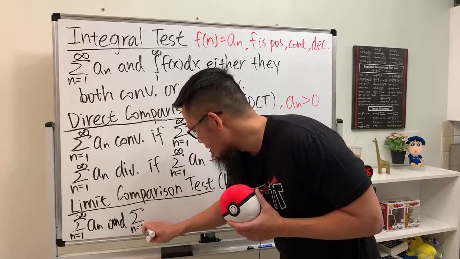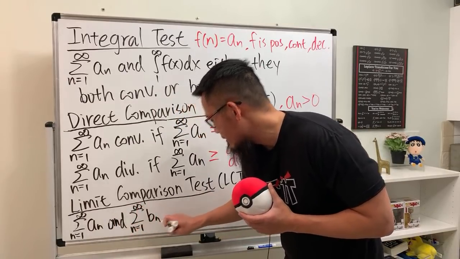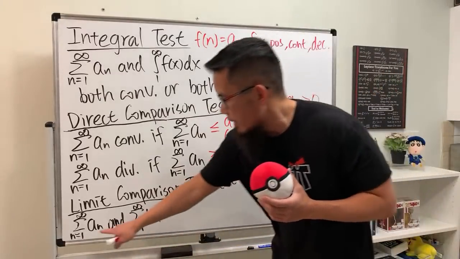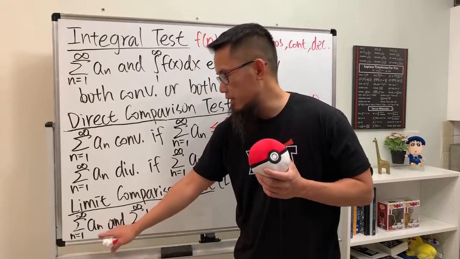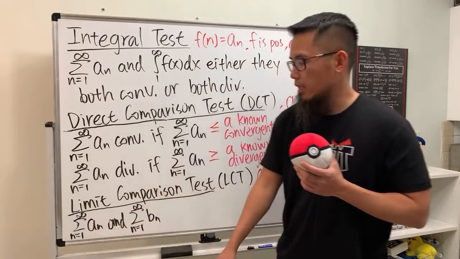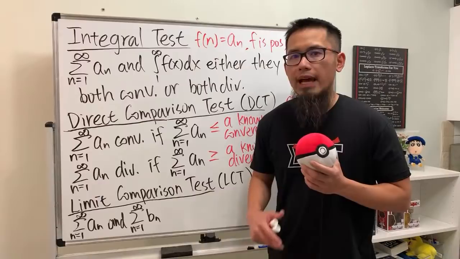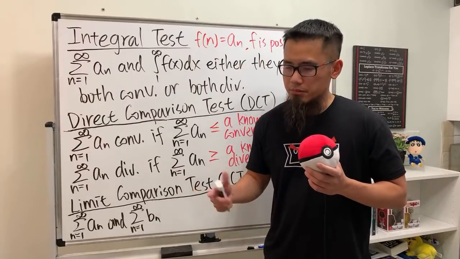I know there are a lot of things for us to write down, but we'll try our best, right? So this is the one that you are trying to work out. You're trying to determine if this right here converges or not.